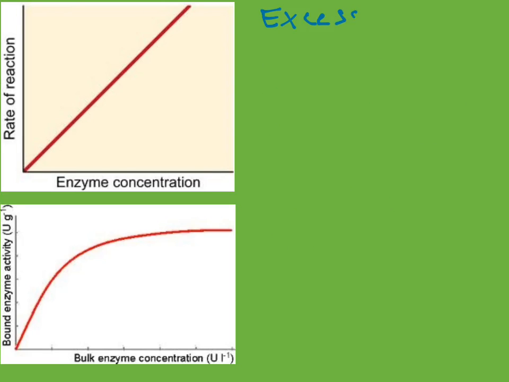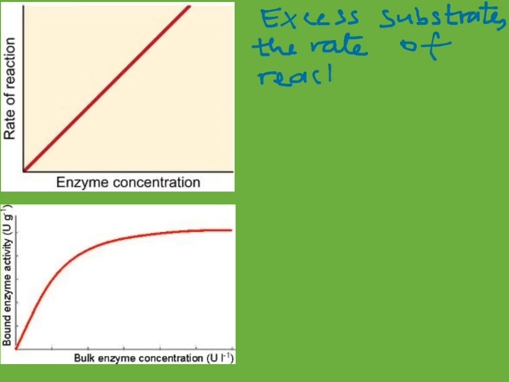When we look at these two graphs, we have the first one that shows the rate of reaction and the enzyme concentration. The second one shows that at a certain point in time, the active site became limited, and that's why the graph flattened.